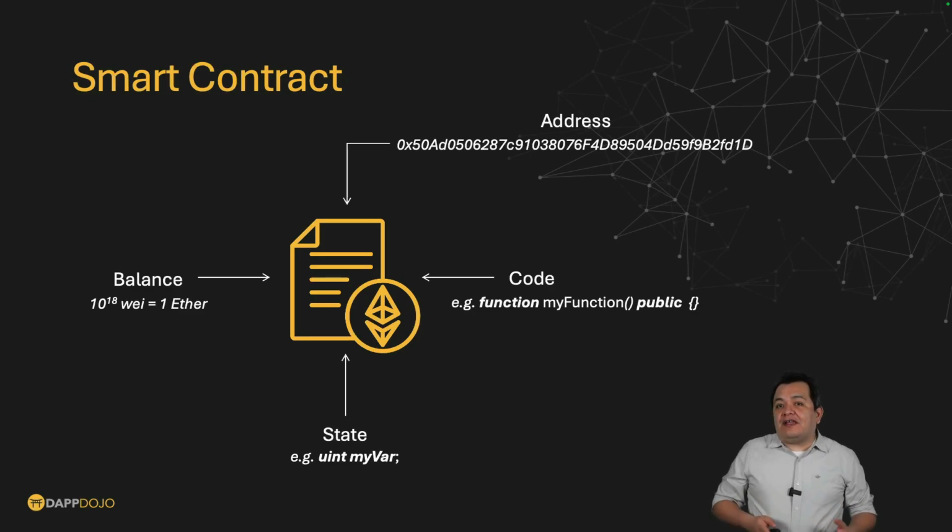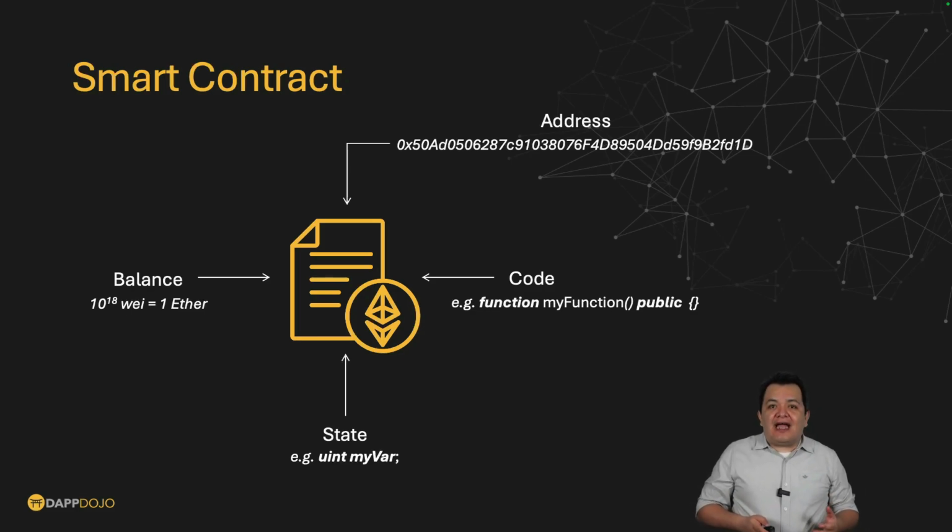The code of a smart contract consists of the programming instructions and logic that define its behavior and functionality. Smart contract code is typically written in high-level programming languages such as Solidity and is compiled into bytecode that can be executed by the Ethereum virtual machine.